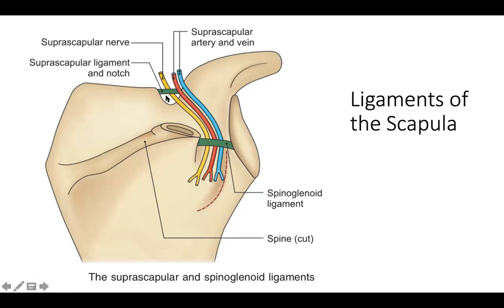For the suprascapular ligament, in order not to forget who passes above the ligament and who passes through the foramen, there is an English quote that says, the Navy passes under the bridge while the Army crosses over.